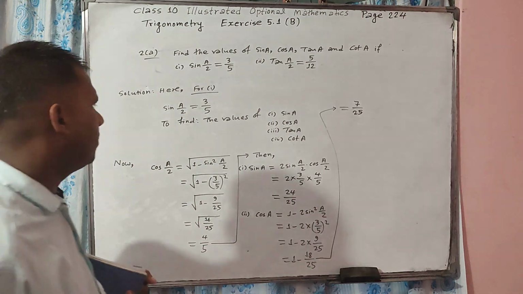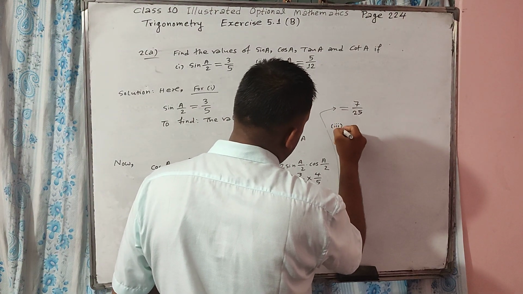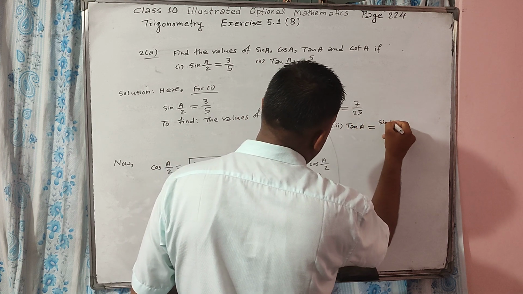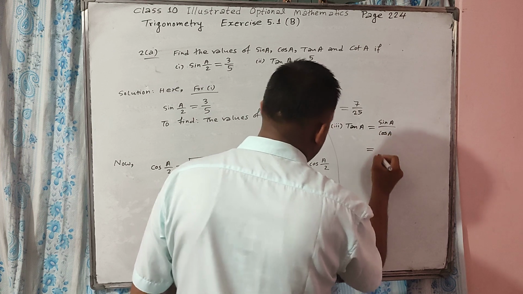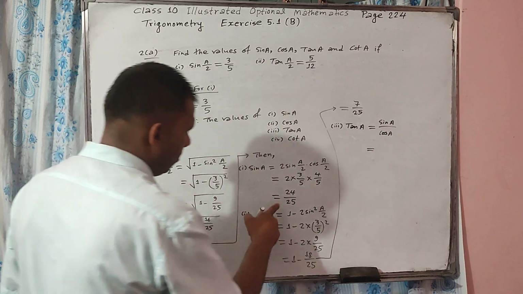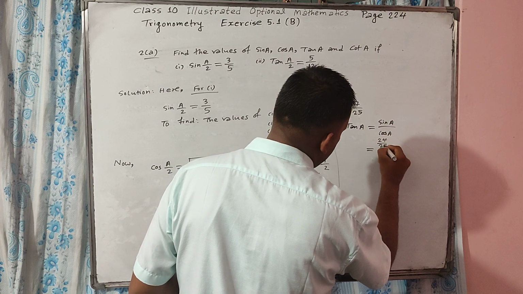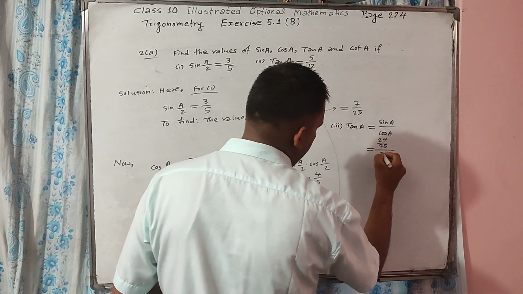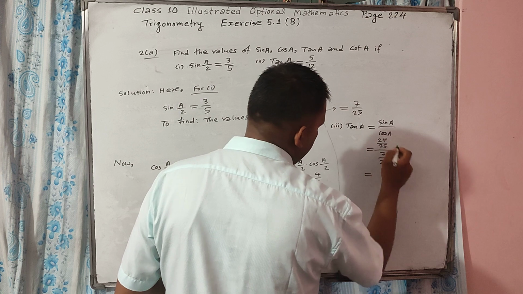Then tan A, number 3. Tan A equals sin A upon cos A. The value of sin A is 24 by 25, upon value of cos A is 7 by 25. 25 cancel.